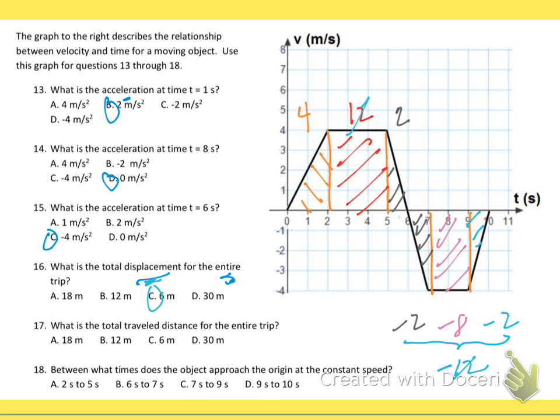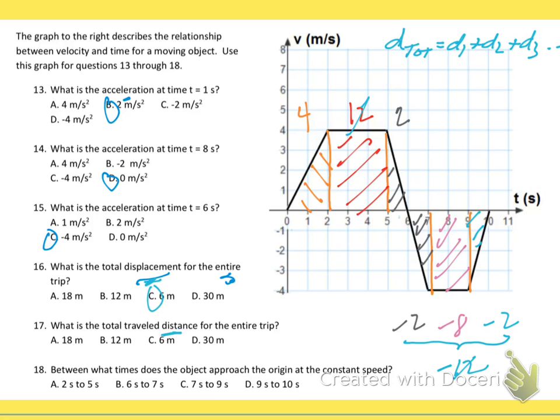And number 17, what's the total travel distance? Our total travel distance, we know d total equals d1 plus d2 plus d3 and so on. So we don't really care about direction, distance is always positive, never negative. So what we need to do in this case is total up all of our distances.